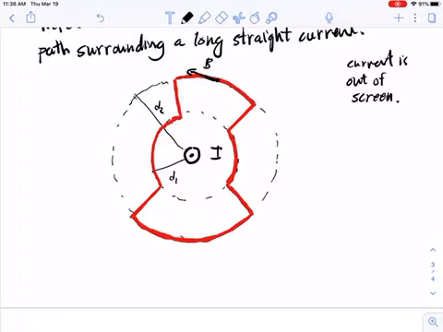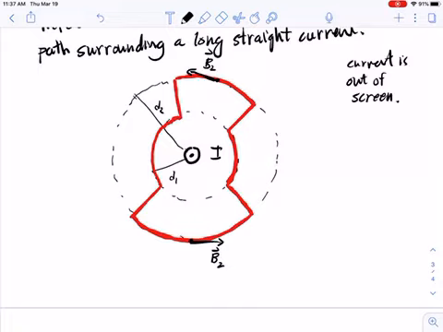And so over here, the field has a strength of B2. And over here on this arc, by the right-hand rule, the magnetic field is in this direction, and it's the same distance, D2, from the current carrying wire, and so that means that its magnitude is also B2.